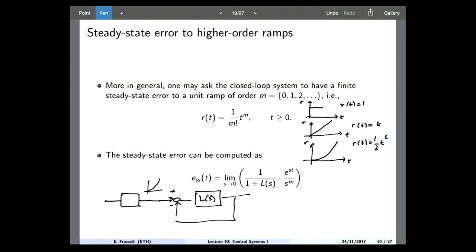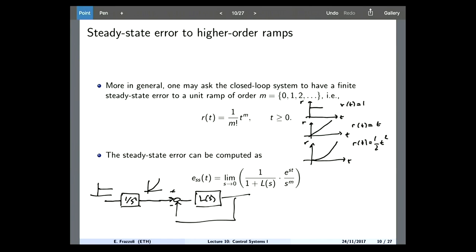So I will just put a step here and integrate it twice. Remember that 1 over s is the integrator. So what is the transfer function from here to here?